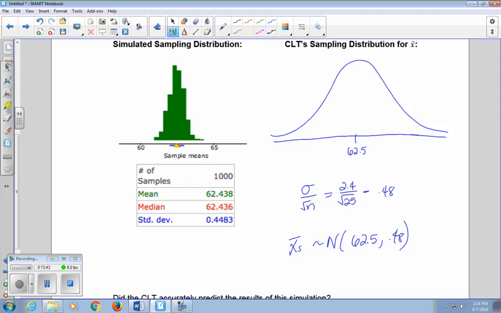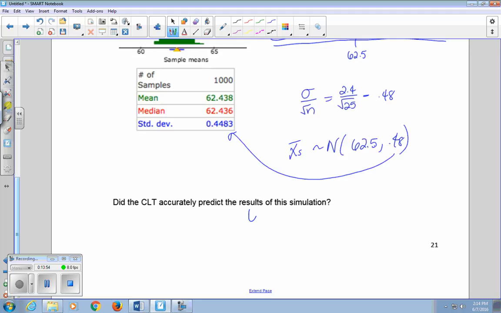So this is a very close match to what we're seeing from the simulations. So yes, again, it does predict what we saw in the simulations.